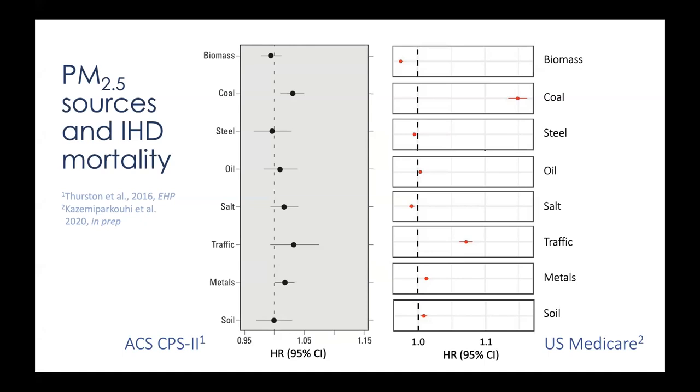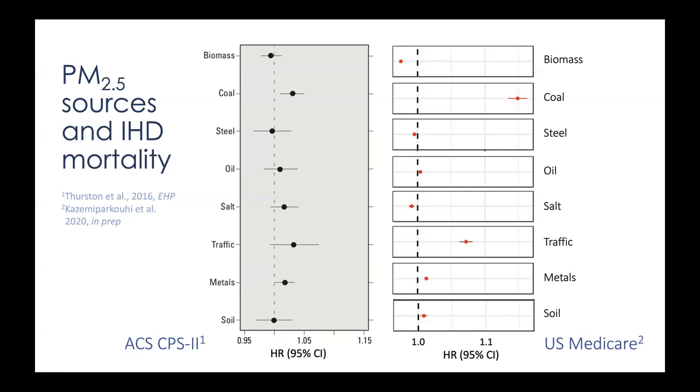And in this case, we see significant associations between many sources, most notably coal and traffic, but we also see associations for metals, just as seen in the ACS, as well as soil and oil combustion. The significant associations for some of the factors, such as oil and soil combustion, may be due to the fact that we have a much larger sample size.